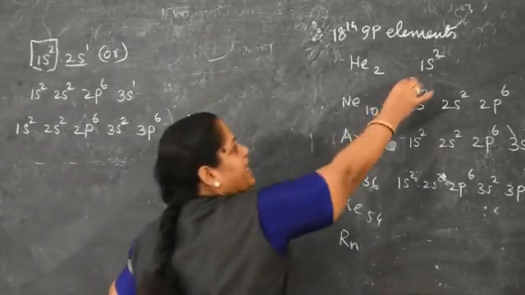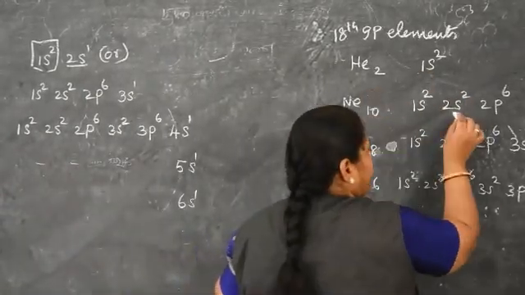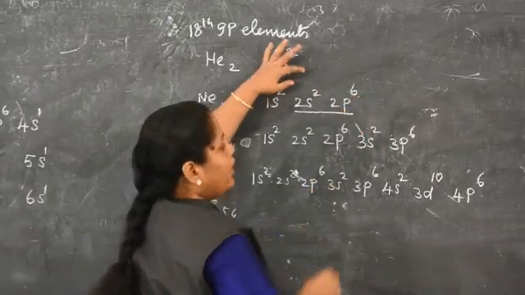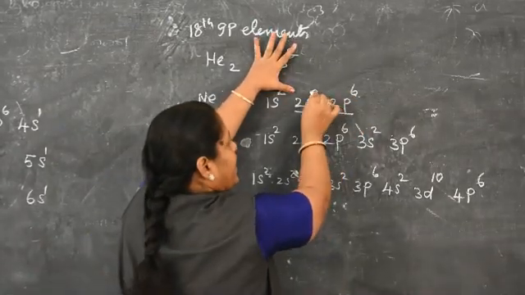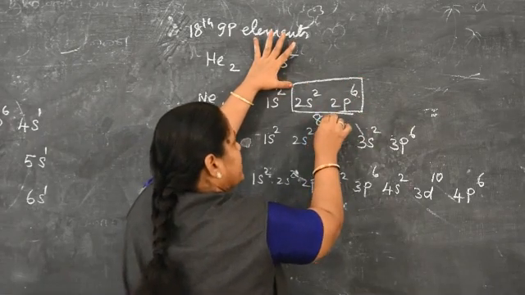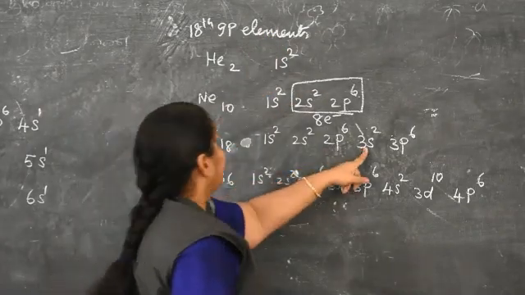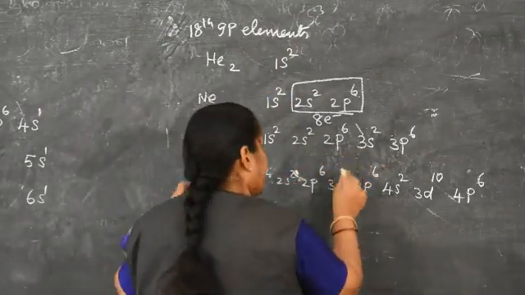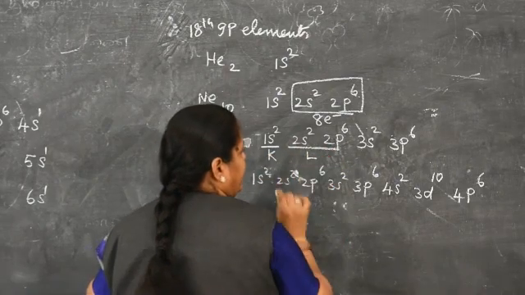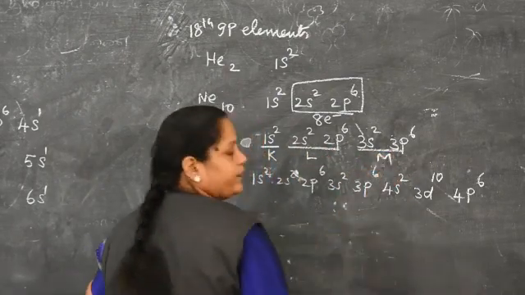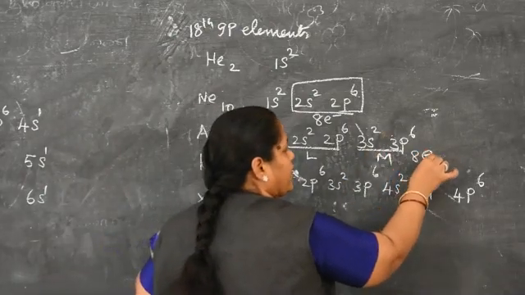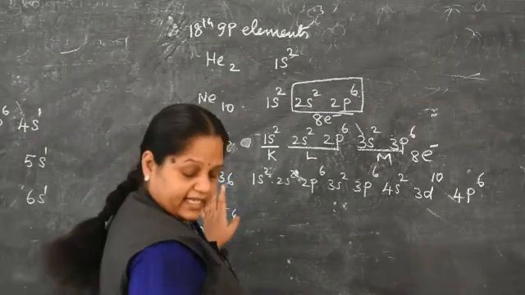Except helium, all these elements have 8 electrons in the outermost shell. See 2s2, 2p6: the number of electrons collectively in the second shell is 8 electrons. In argon, the first shell is the K shell, this is the L shell, this is the M shell. In the M shell, how many electrons are there? 8 electrons.